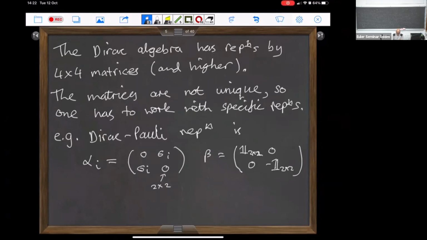One example, which is common in physics literature, is the Dirac-Pauli representation, where the alphas are given by off-diagonal 4 by 4 matrices whose off-diagonal blocks are the Pauli matrices, and beta is diagonal with entries either +1 or -1.